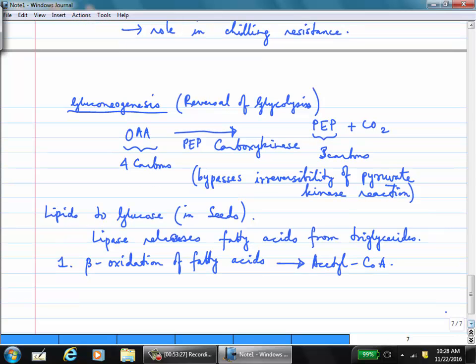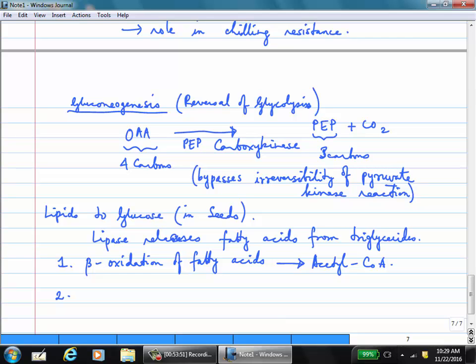And usually these reactions, in the case of plants, occur inside glyoxysomes. In the case of animals, they occur inside mitochondria. So the lipid has produced acetyl coenzyme A. Then it can run through the TCA cycle, and along the way you're going to produce malate somewhere.